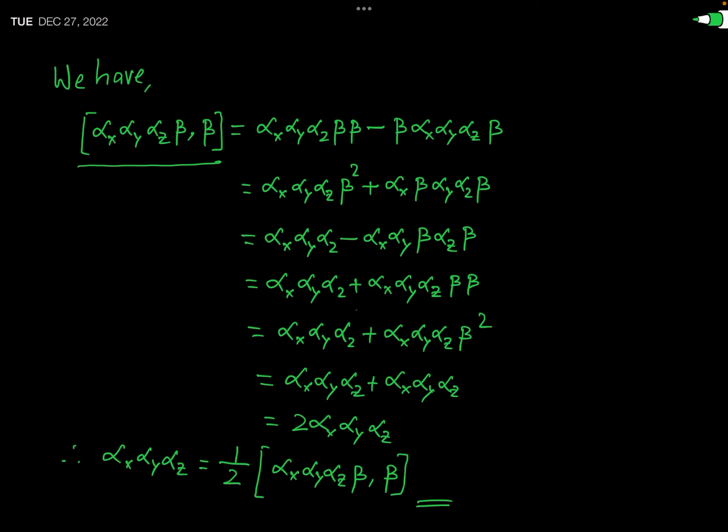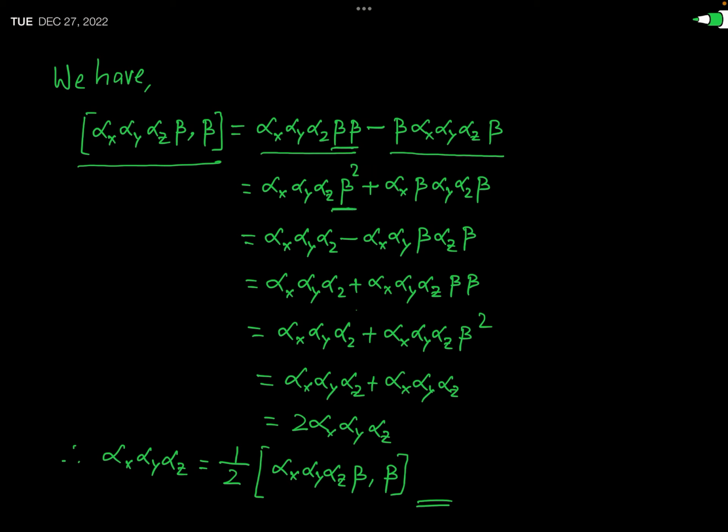This is the commutator of alpha x, alpha y, alpha z beta with beta. From the definition of commutator you can write it as alpha x, alpha y, alpha z beta beta minus beta alpha x, alpha y, alpha z beta. Now in the first term there is beta times beta, so this will be beta square.